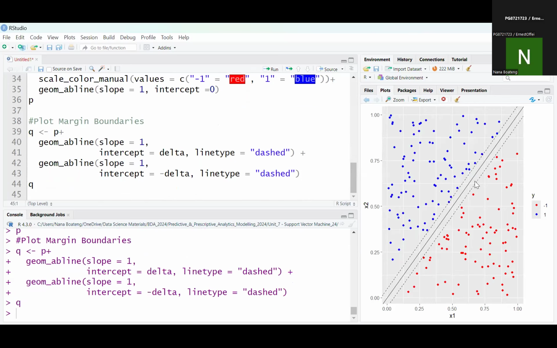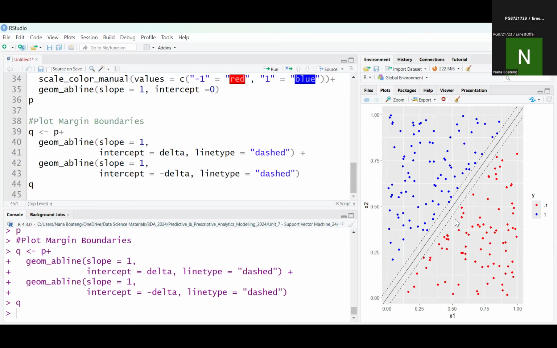So now you can see the decision boundary. So see that when we plotted, we still have some points that are very close to the decision boundaries. Like I explained earlier on, these are what we call support vectors.